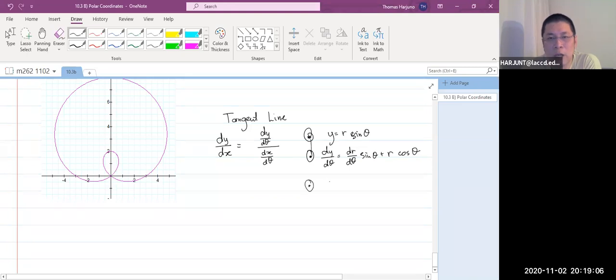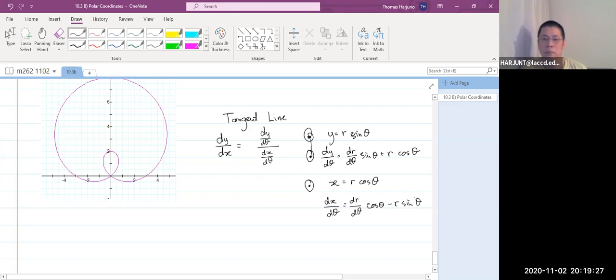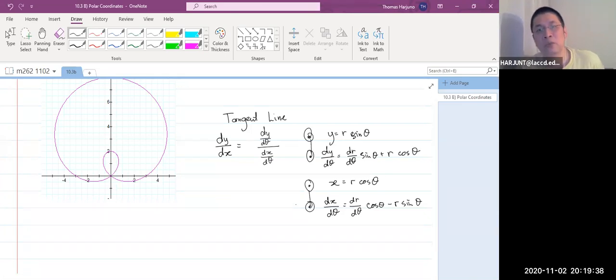While x is r cosine theta, so dx/d theta equals dr/d theta cosine theta minus r sine theta. And the way it works is the same as what we did with parametric equations. The horizontal tangent line, dy/d theta equals 0 but dx/d theta is not, and so on and so forth.